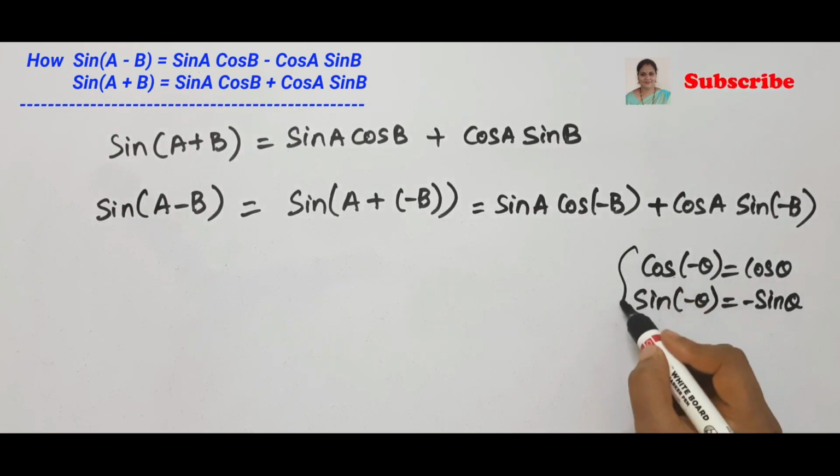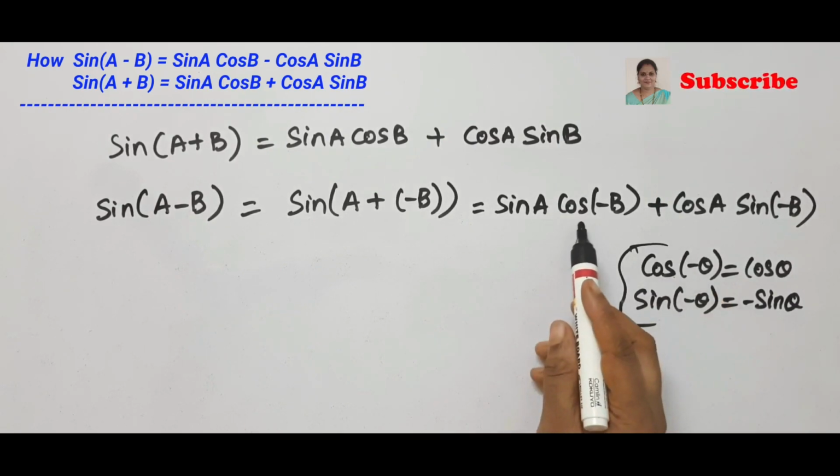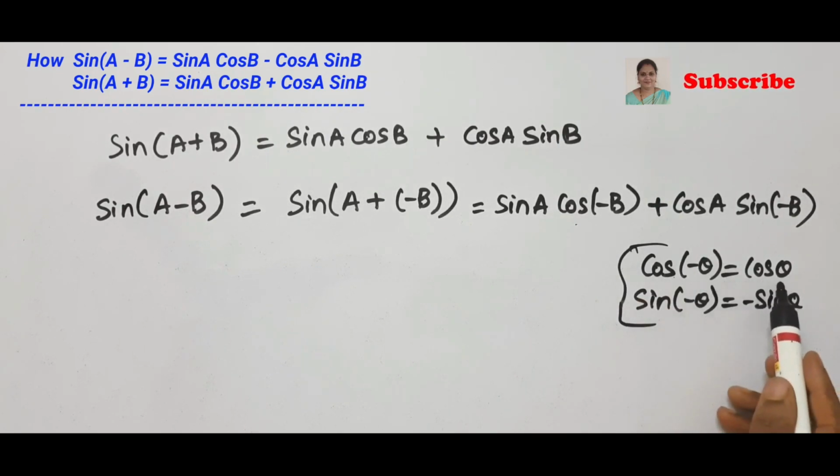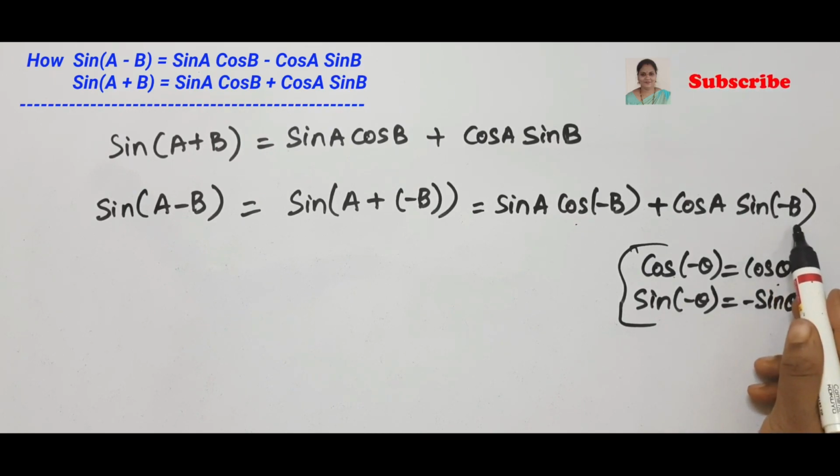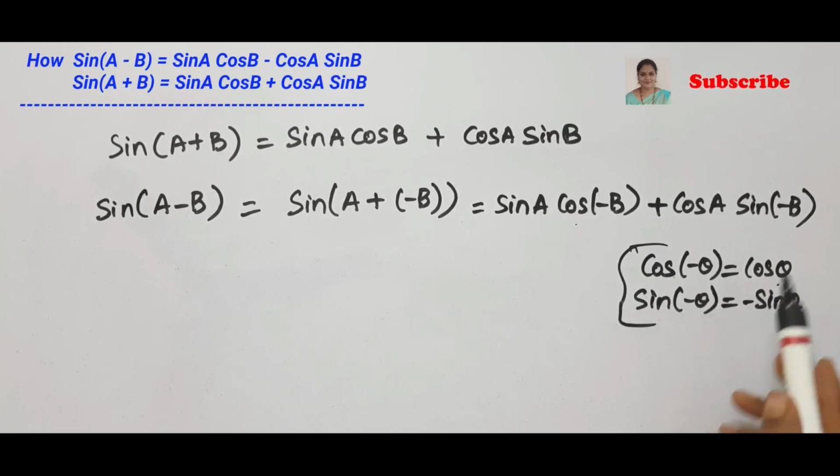Using this concept, this cos of minus B can be expressed as cos B. Sin of minus B will become, in place of theta, here it is B, is it not?